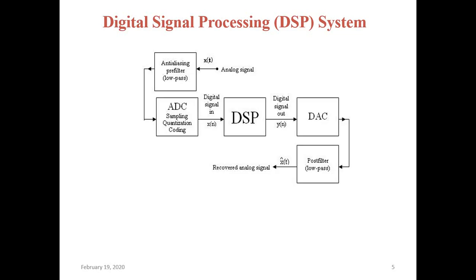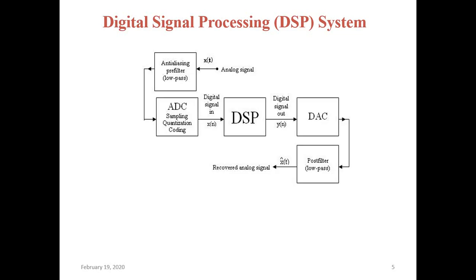Here is a diagram of digital signal processing, which is DSP. In this section, first of all we have the analog signal. Here x(t) denotes the analog signal, in which time is continuous.